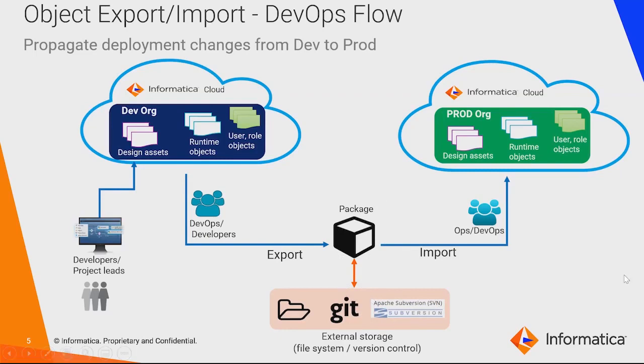Once you do that, you want to import into the higher environment, right? So you would check out from here and then import those list of assets in production org, right? So this is the end-to-end process flow from the DevOps point of view.